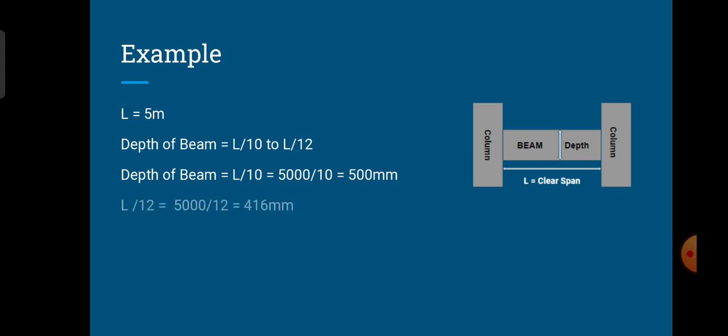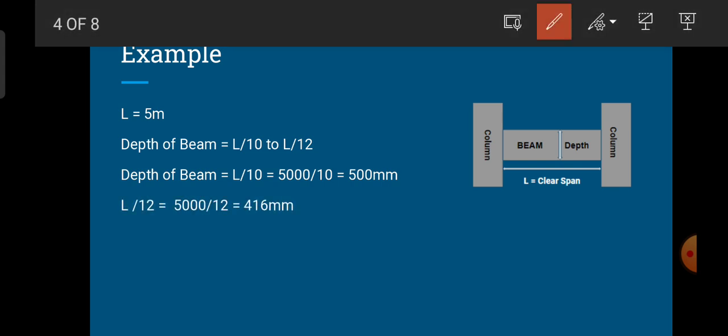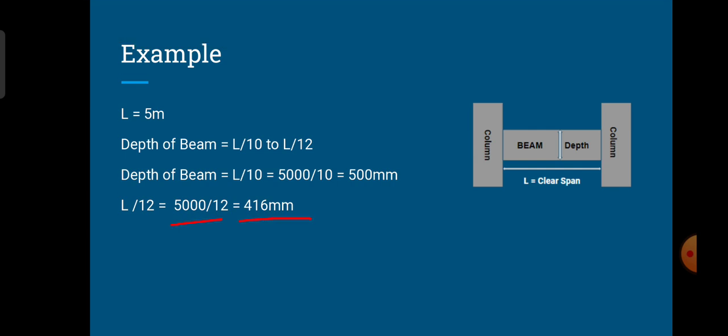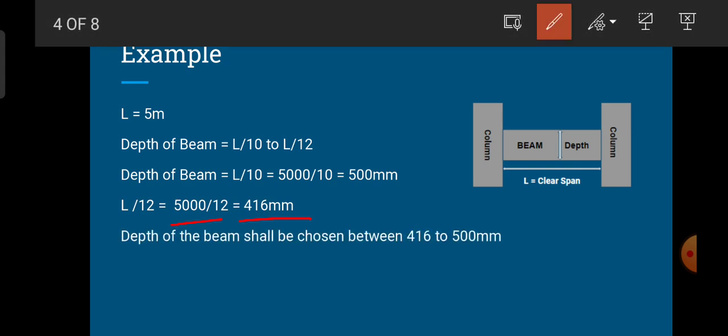L by 12 will be 5000 divided by 12, which comes to 416 mm. So now the depth of the beam can be chosen between the limits 416 mm to 500 mm.